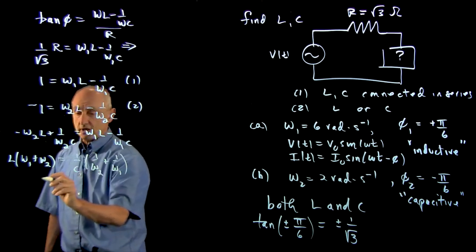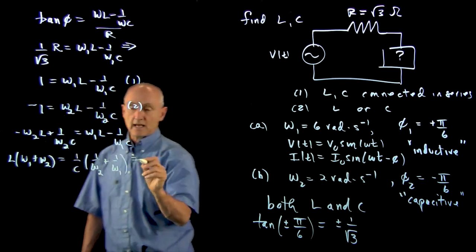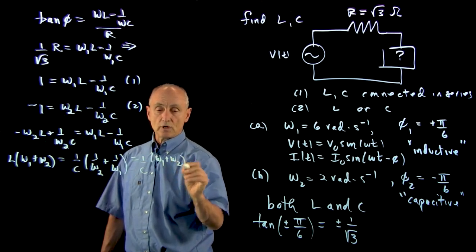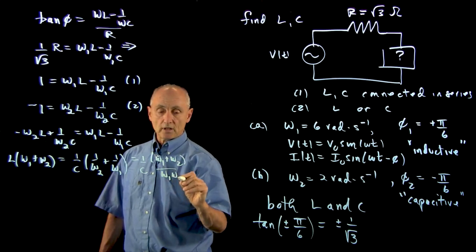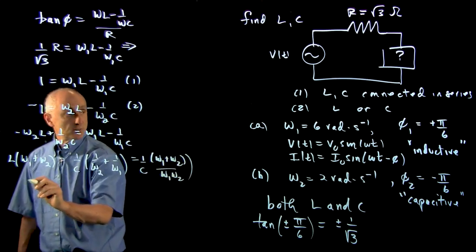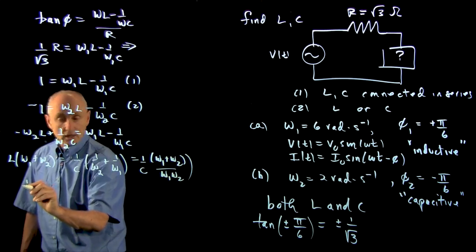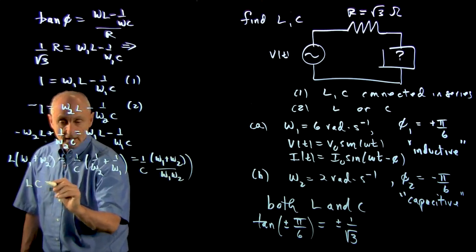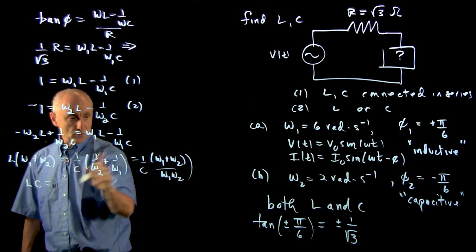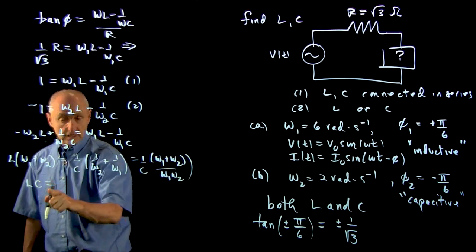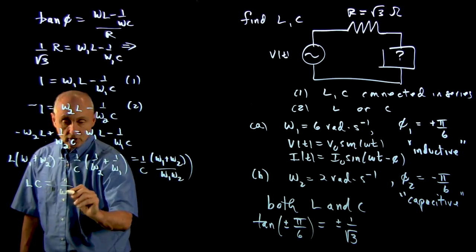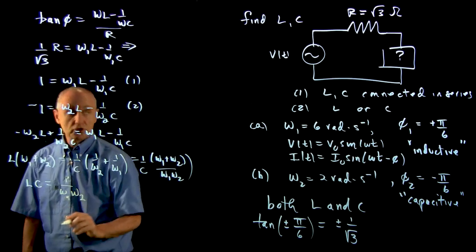And what that gives me is I can simplify this to omega 1 plus omega 2 over omega 1 omega 2. And I have a very nice relationship that 1 over LC is equal to, and the omega 1 plus omega 2 terms cancel, 1 over omega 1 omega 2.